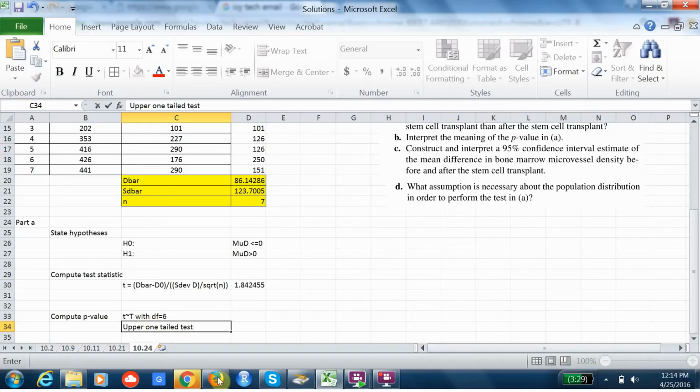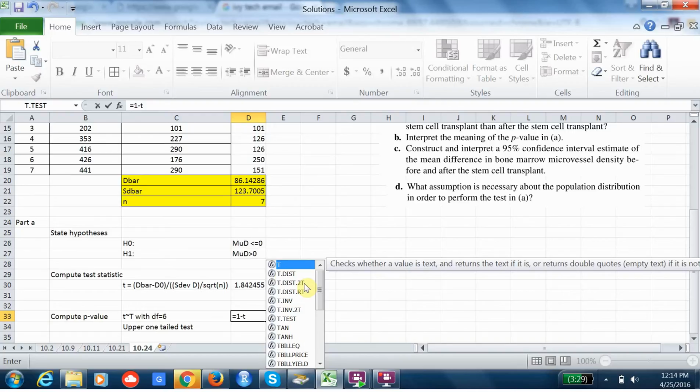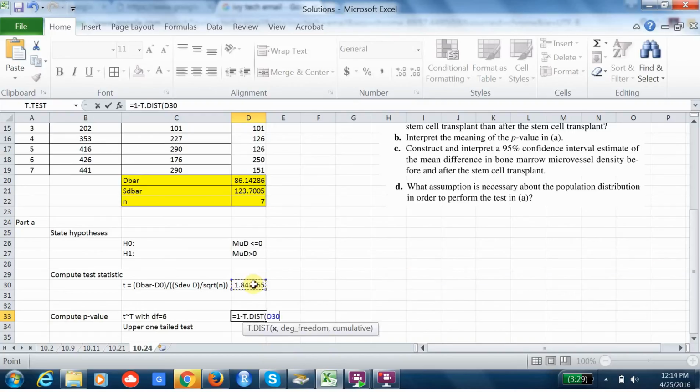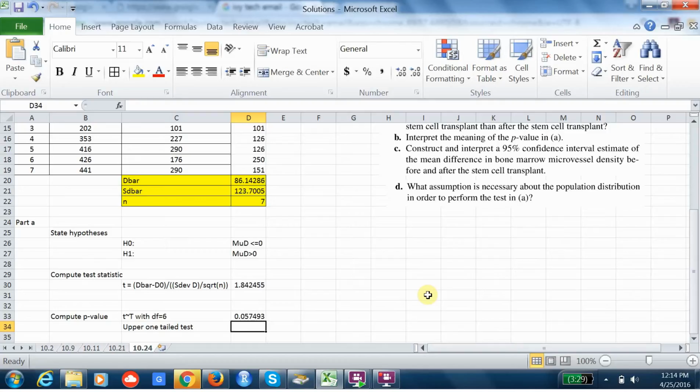And that's important because this test statistic is positive, therefore I'm going to have to look at the upper percentile. So the p-value here is going to be 1 minus T.DIST. There's my value. My degrees of freedom is n minus 1, and this is going to be true. And that looks reasonable.